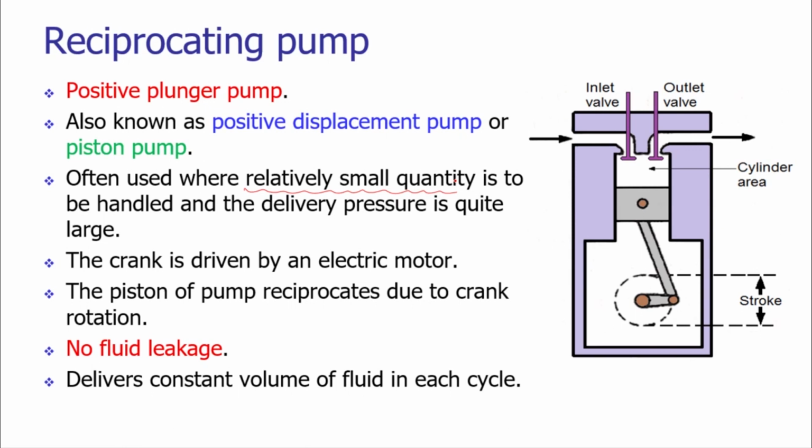It has a cylinder area, there is a piston, the piston has a connecting rod, then there is a crankshaft. At the top of the cylinder there are two openings, and these two openings have valves, that is the inlet valve and the outlet valve.